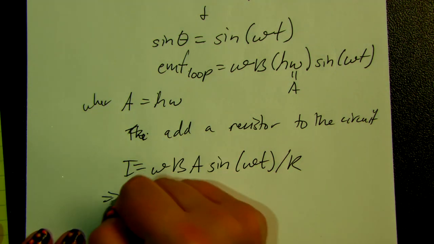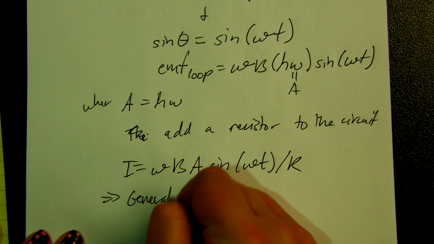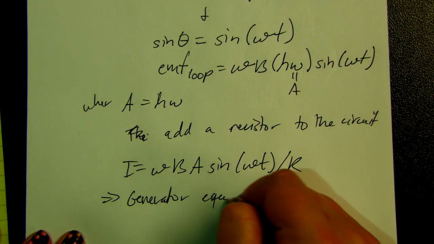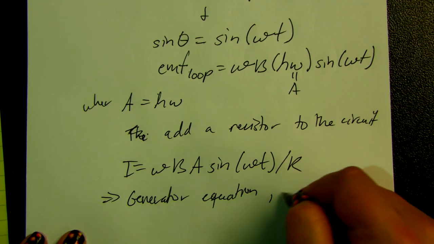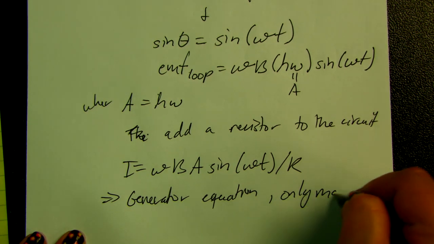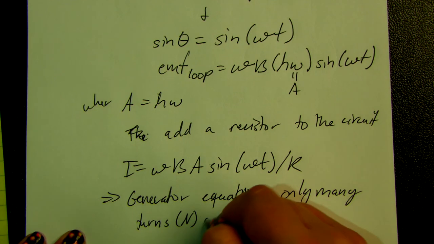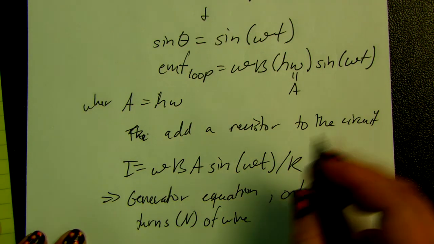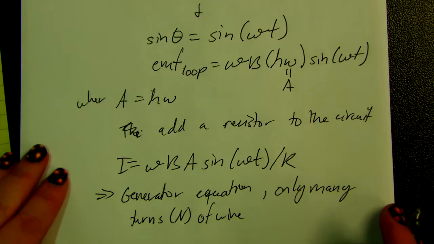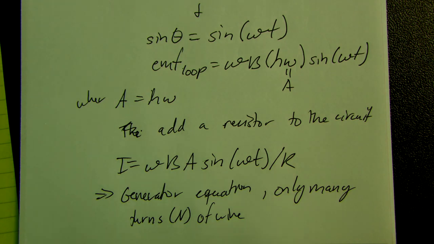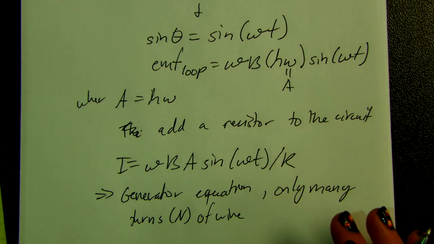So essentially we have the generator equation, only you multiply this by an N factor corresponding to the number of turns.